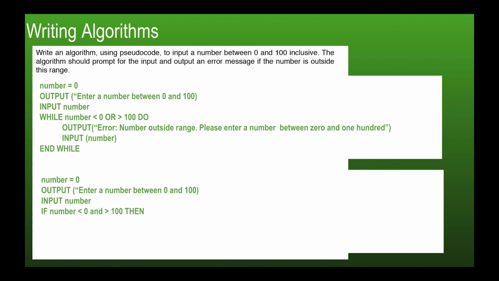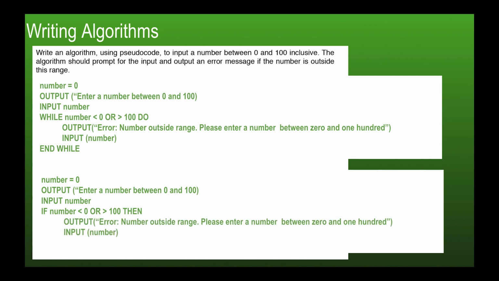So if the number was less than 0 or greater than 100, then output this error message, same as above, and give an option to input the new number. Because it only needs to run once, it's perfectly okay to use an if statement here as well. So either of these two that you understand would be perfectly acceptable.